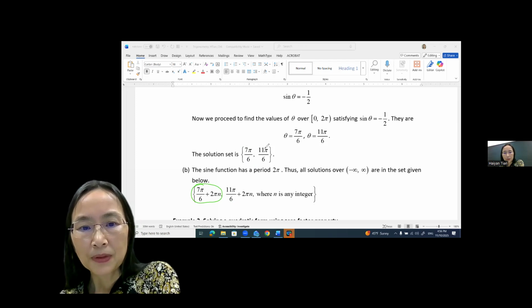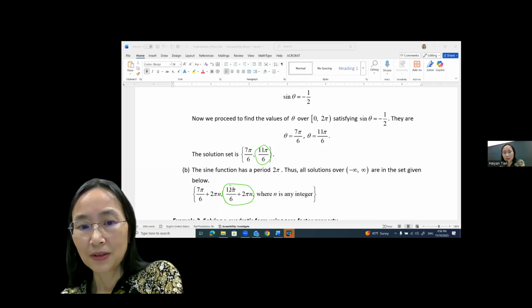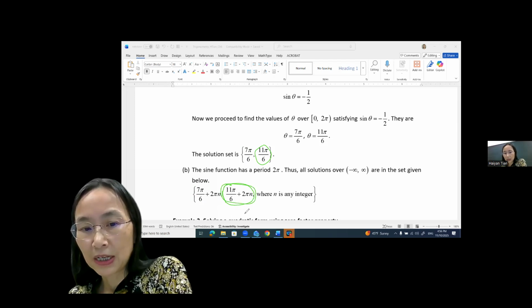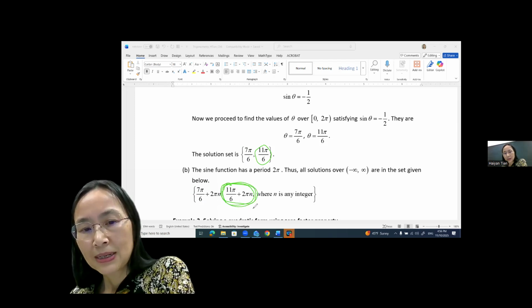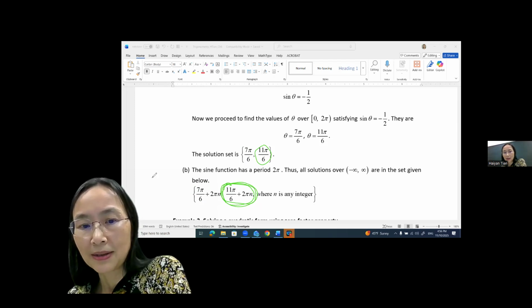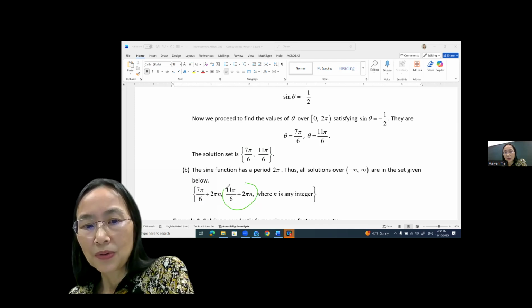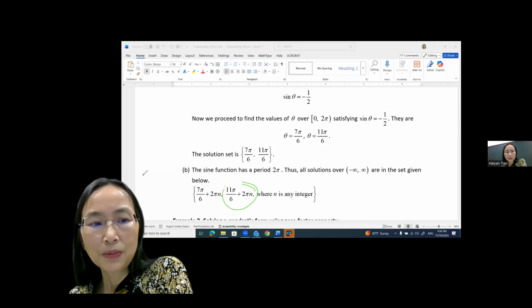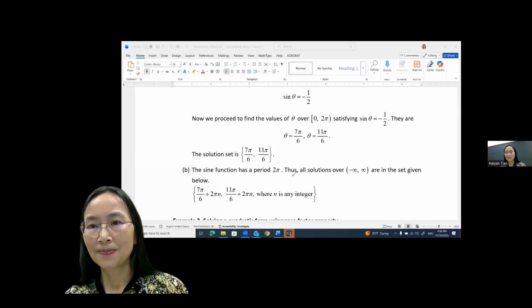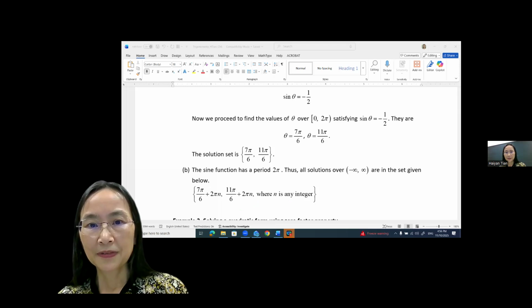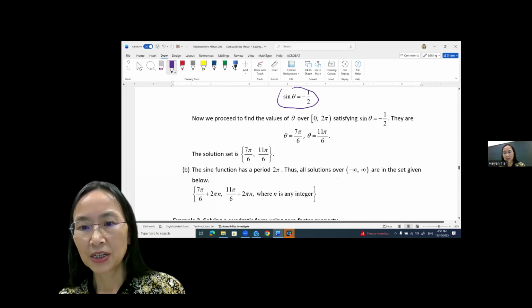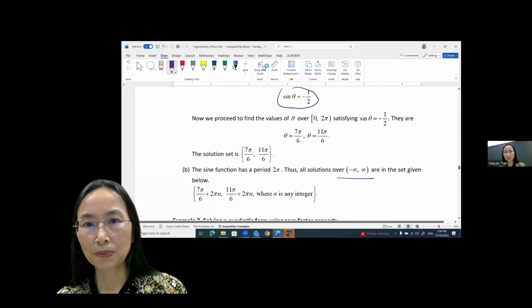Similarly for 11 pi over 6, all the coterminal angles share the same sine value because they have the same terminal side. So the sine value of all these is also negative half. Then we have found all solutions of that equation over the interval from negative infinity to positive infinity.